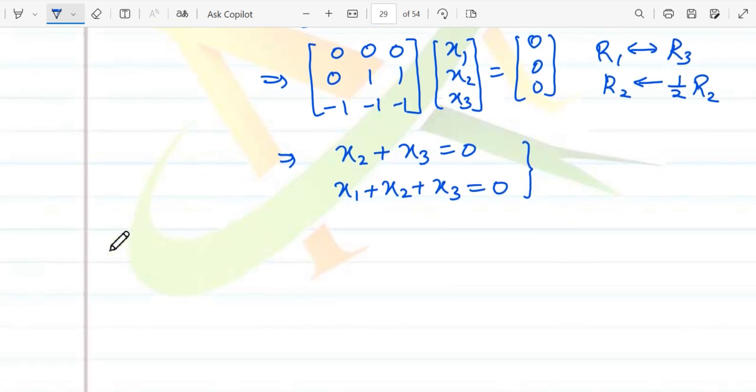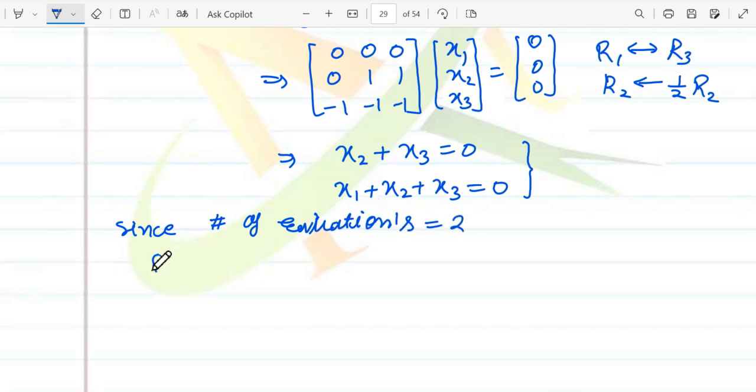That is two equations, since number of equations is equal to 2 and number of variables is equal to 3.